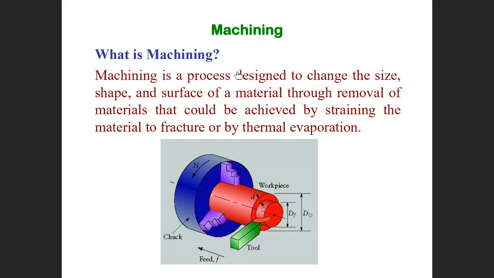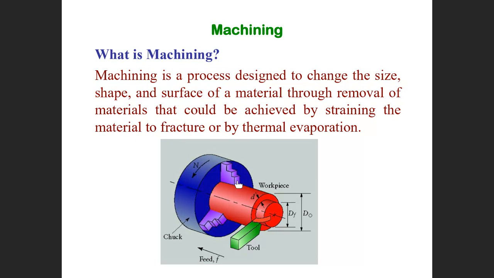Machining. What is machining? As you can see here, we're removing a layer of material. This is a tool, this is a workpiece. There is a relative motion between the tool and workpiece. This workpiece, for example, is rotating. The tool is moving in a linear or longitudinal direction.